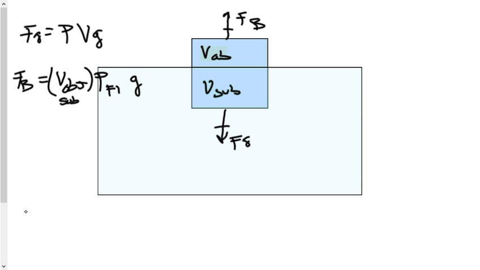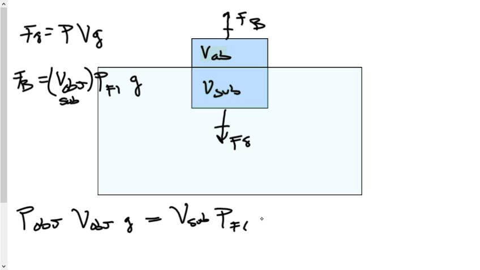So the density of the object multiplied by the volume of the object multiplied by g has to equal the volume submerged multiplied by the density of the fluid, and that would be multiplied by g.